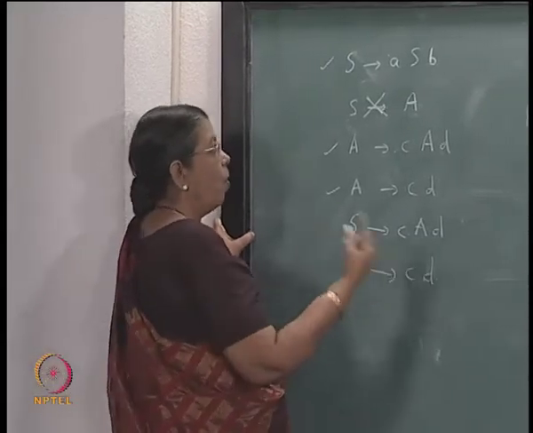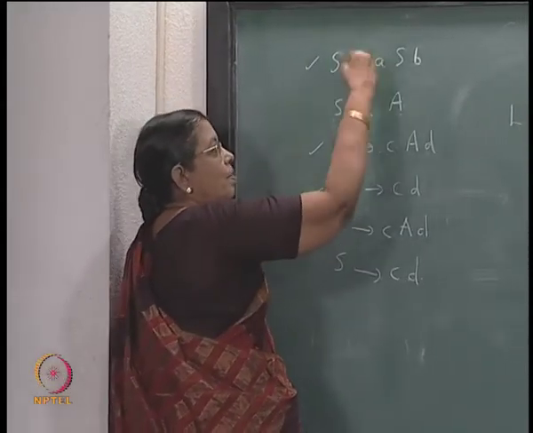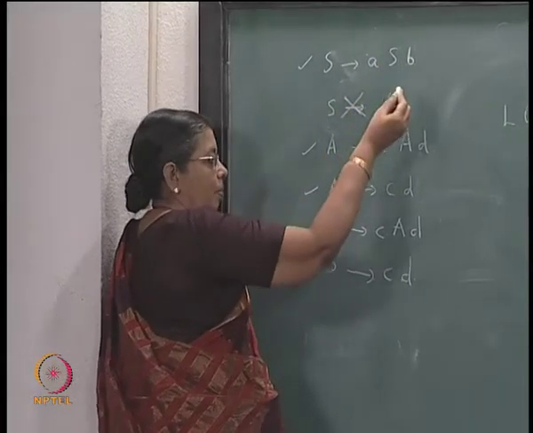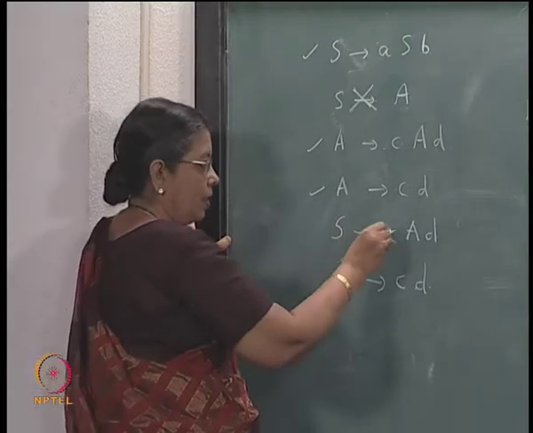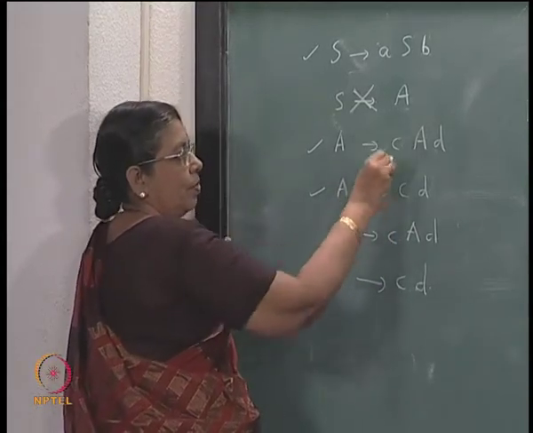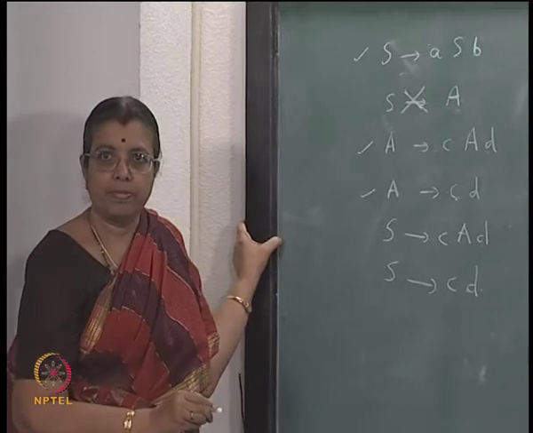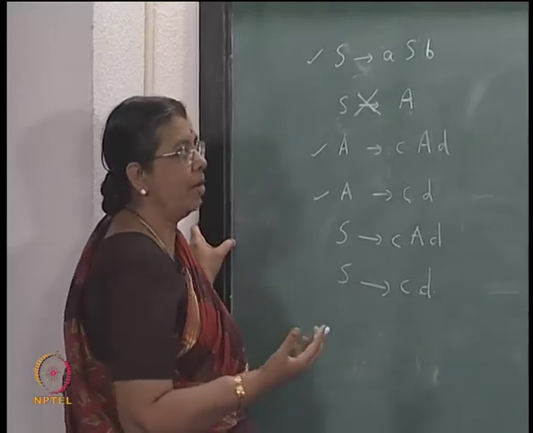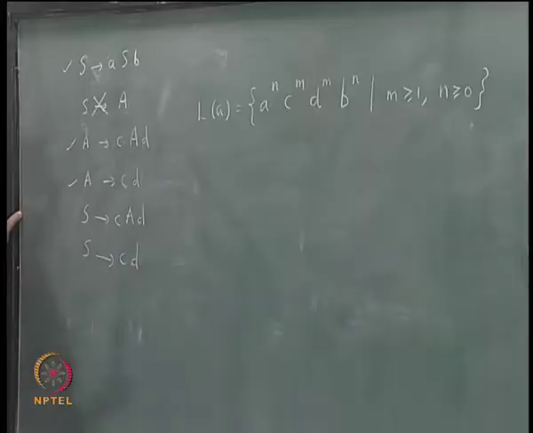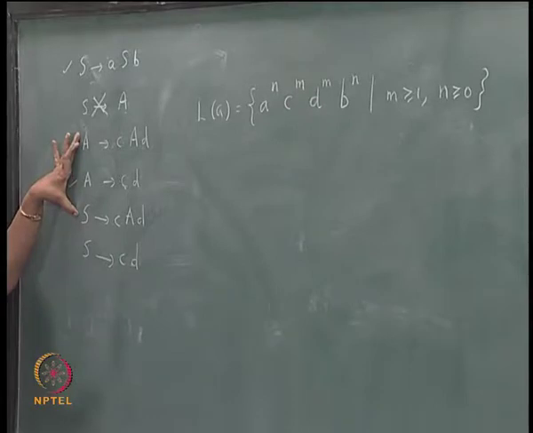If you want to get more, use this many times for A power n, B power n, then C cubed D cubed if you want, use this once, use this once, use this once. Then any number of C power m, D power m you can generate with proper combination of these 3 rules.